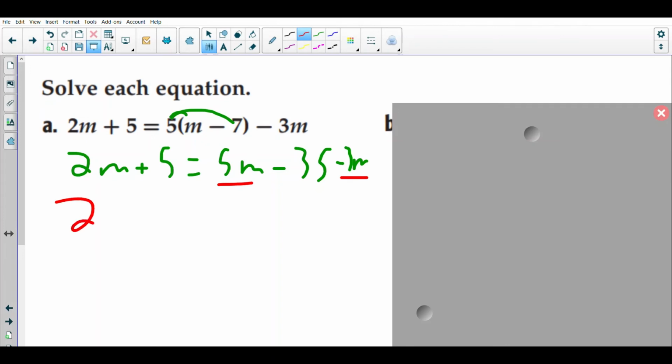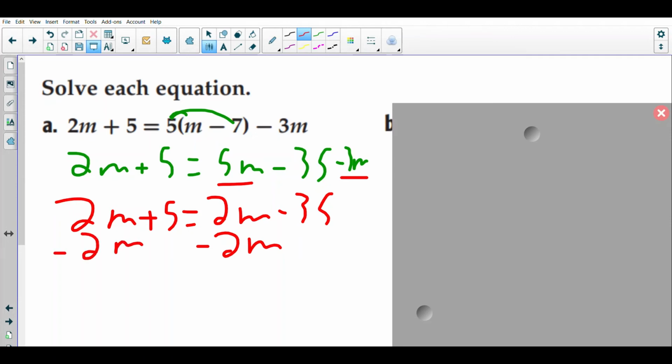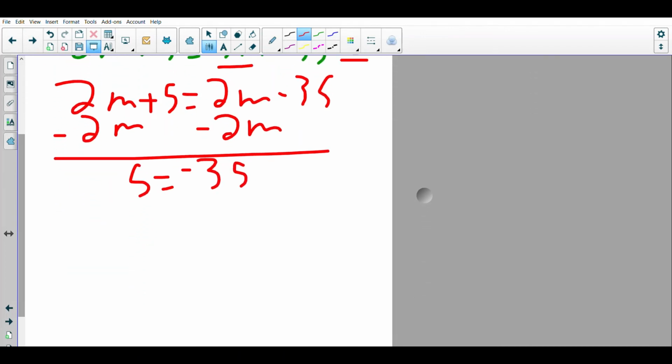So I get 2m plus 5 is equal to 2m minus 35. So now, just to be safe, I'm going to move all my variables to one side. So I'm going to subtract 2m from both sides, and look what happens. I get 5 is equal to negative 35. That is a false statement. That does not make sense. It's not true. So that means there is no solution.